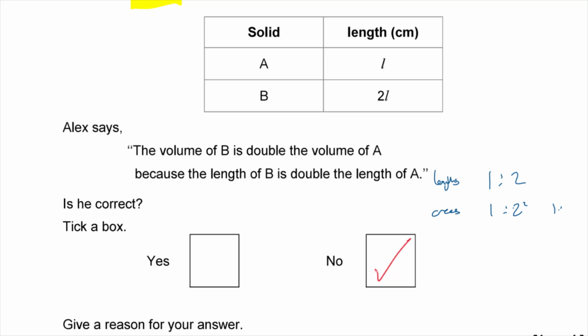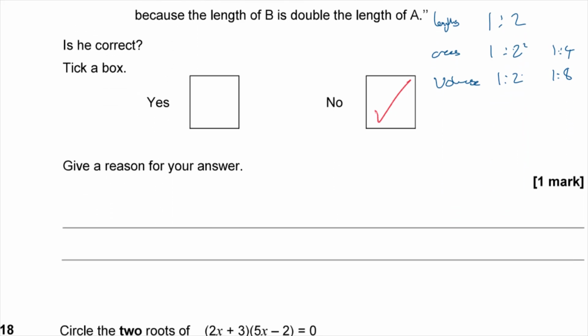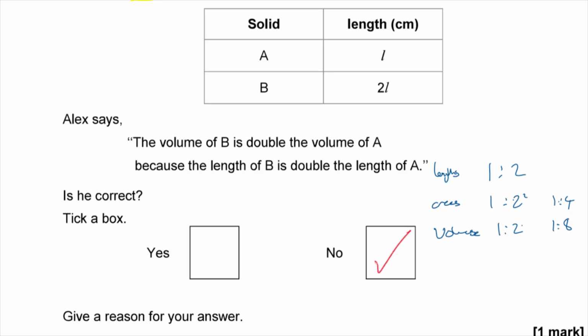In other words, it's going to be 1 to 4. And then their volumes is going to be 1 to 2 cubed, which is 1 to 8. So the volume should be 8 times bigger.